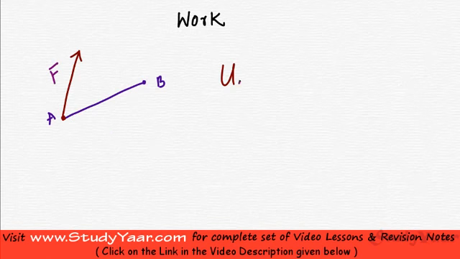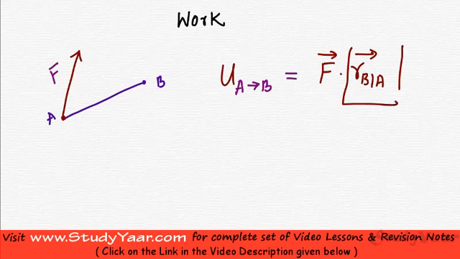So my work done from A to B is given by F vector dot RB with respect to A vector. What is this? This is the displacement of B with respect to A. If I suppose this is my reference point, then this is going to be RA, this vector, and this is going to be RB.